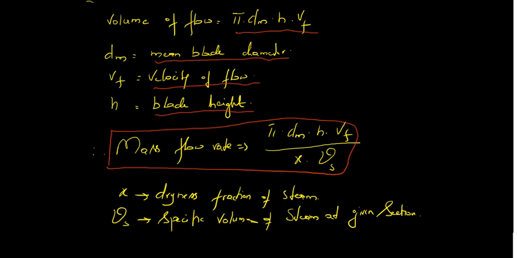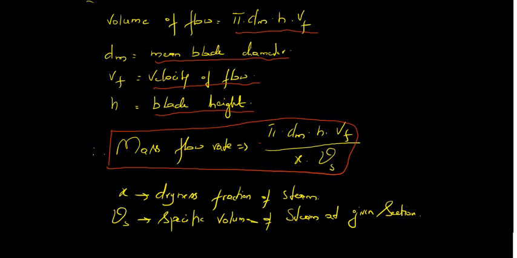If it is not given, then you have to find it with the help of the mean diameter, height of the blade, and velocity of flow, in terms of dryness fraction and the specific volume of steam at that particular given cross section, right? If the mass flow rate is also not given and h is also not given, then how to find the value of h?